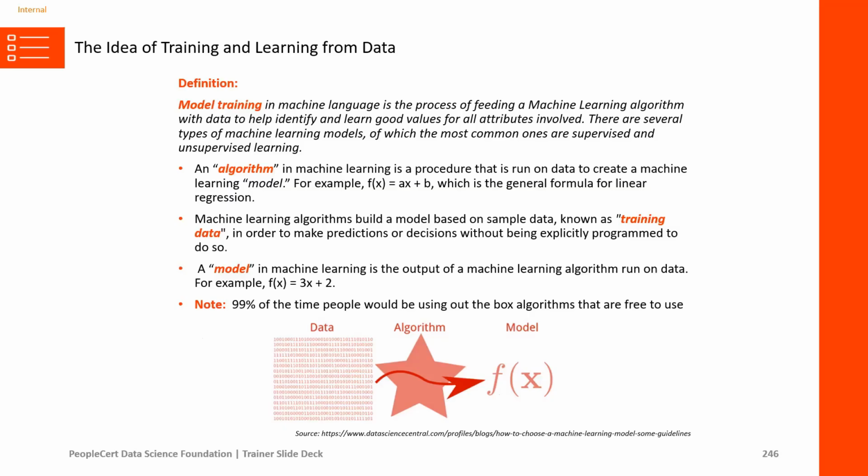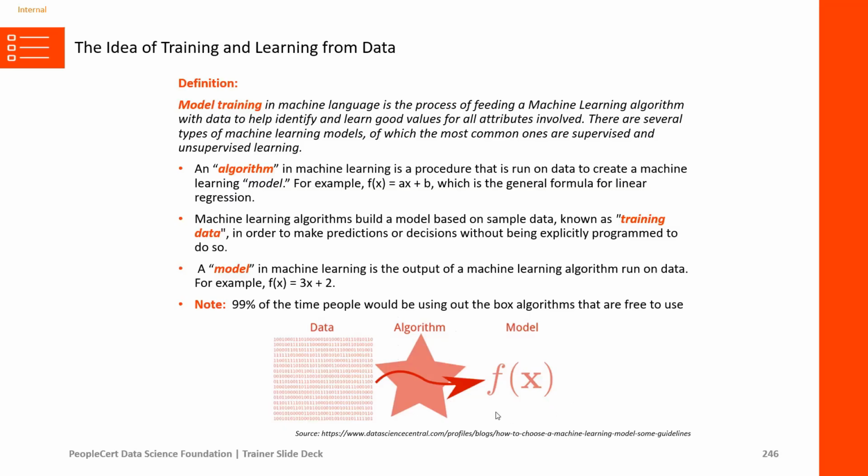Now let's assume that 99% of the time people would be using out of the box algorithms that are free to use and readily available in the market. So what you do is use the training data, pass that data through the algorithms, and then you create your models.